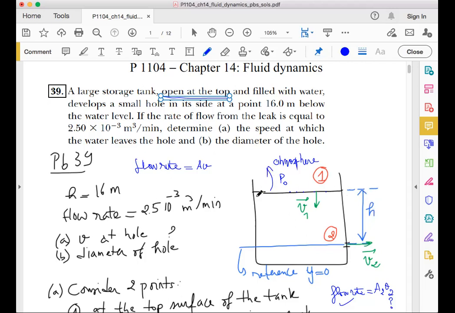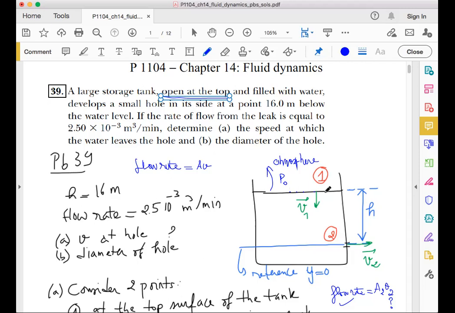We know that the pressure at the top is nothing else than the atmospheric pressure. So it's wise to apply Bernoulli's equation between two points. One of the points should be at the hole, because in the end we want the speed of the water leaving the hole. So logically, we take one of the points on the hole so that we can get the speed. The other point we must choose logically, a point about which we know as much information as possible.